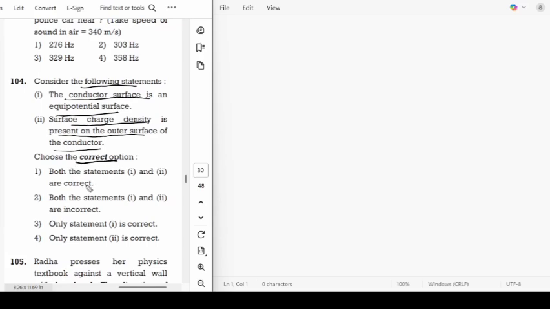Which of the options is correct? Both 1 and 2 are correct, 1 is correct, 1 and 2 are incorrect, only 1 is correct, or only 2 is correct. A conductor is an equipotential surface.